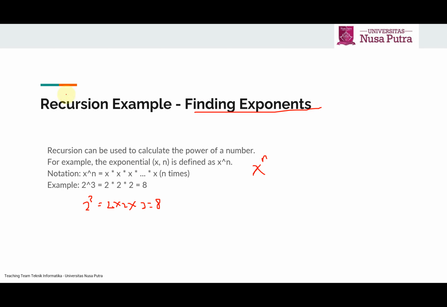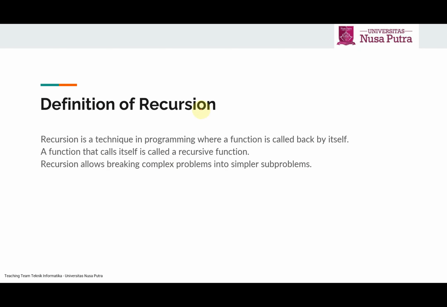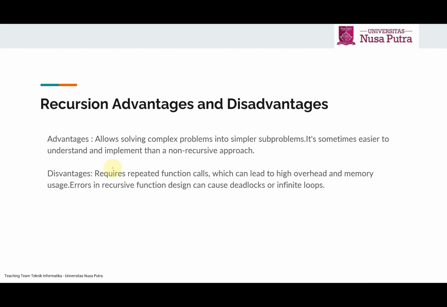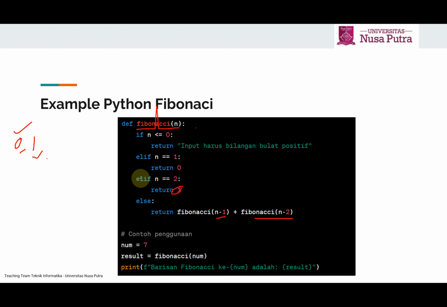This is simple for finding exponents. This is an example of recursion. With recursion, we solve a problem by solving its subproblems, so solving a complex problem by breaking it into simpler subproblems.